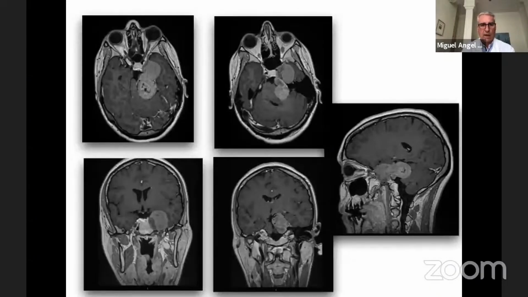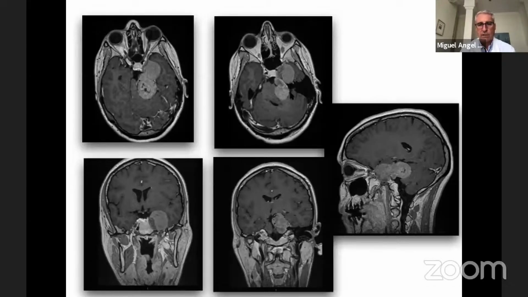This is another lesion recently operated on with rapid growing in an 18-year-old patient. You can see the lesion getting inside posterior fossa, and no matter how big the lesion is inside posterior fossa, with this approach, anterior petrosal approach, following the tumor, you can get the whole lesion, including the content at the posterior fossa.